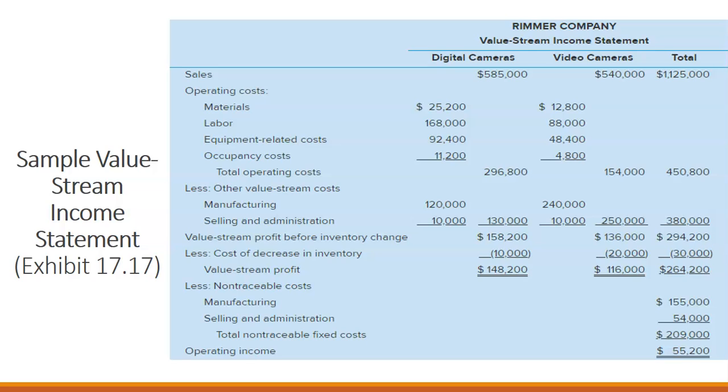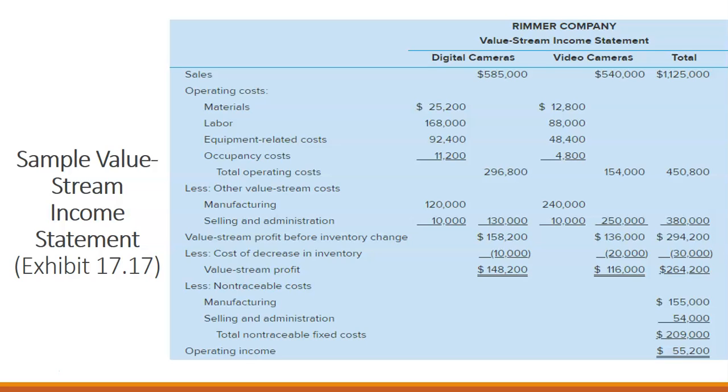This might look very similar to when we were looking at division analysis and costs that were traced to a particular division versus non-traceable costs such as overhead. Here we're looking at 2 different products and what that value stream is.